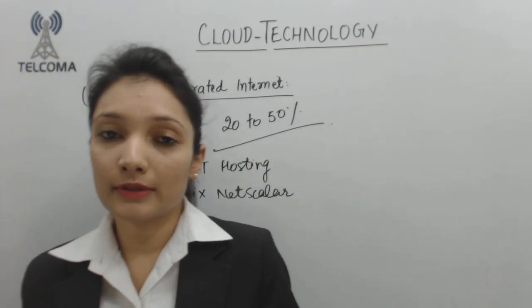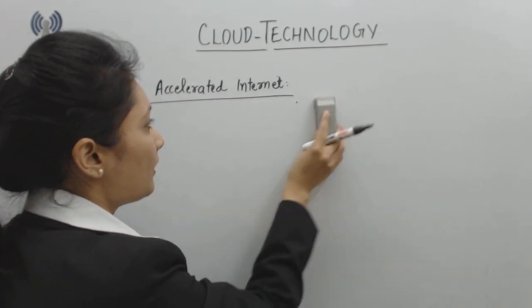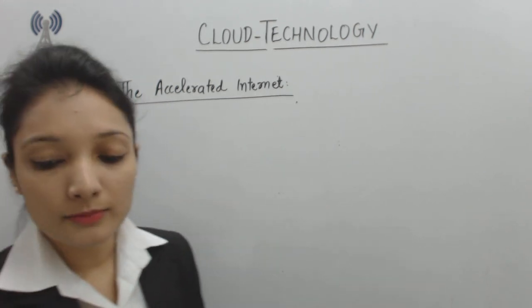So how is this implemented, how will this accelerated internet be achieved at both ends, that means at the provider end and at the customer end?